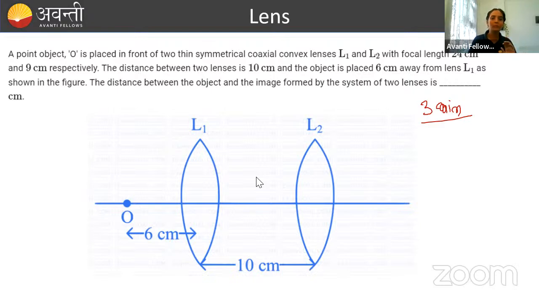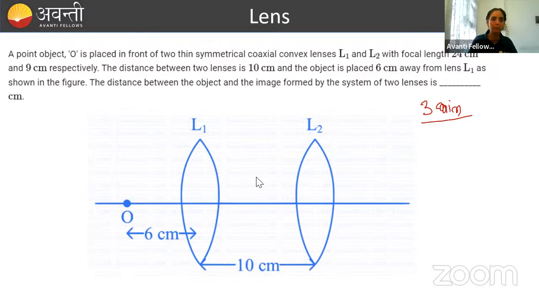So it's not that the object is given and you blindly use whatever 3 rays I have taught you to draw for an object or image formation. Don't go with that blindly. You should also have in the back of your head where the image is going to get formed. And if you are clear about the image position, your ray diagram will be correct. Okay, so that's important.